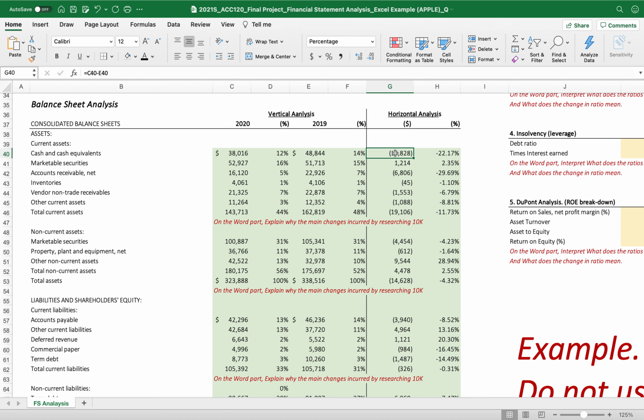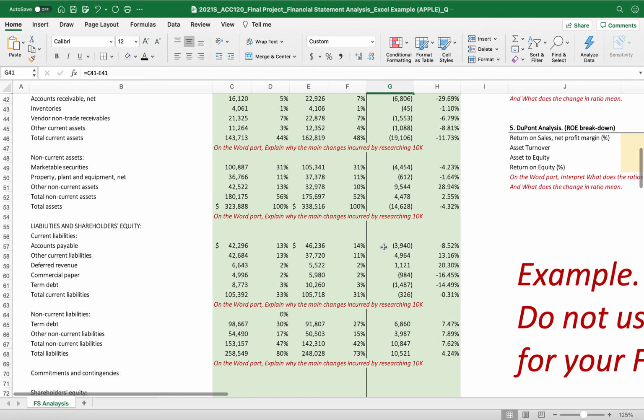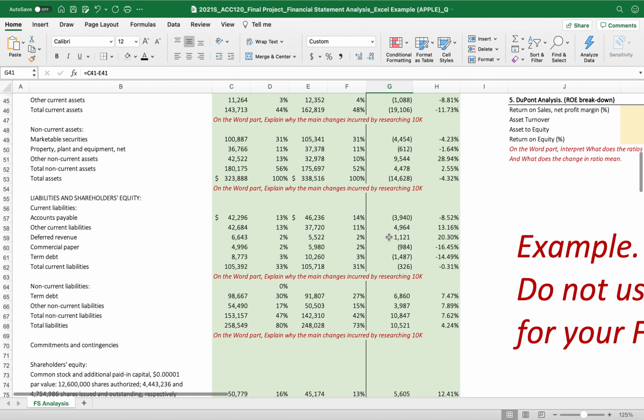Okay, so the cash has been decreased, but the marketable securities they invested in increased, but the overall current asset has been decreased, and the non-current asset also decreased, and their liability also decreased, but the non-current liability part, term debt, has been increased.